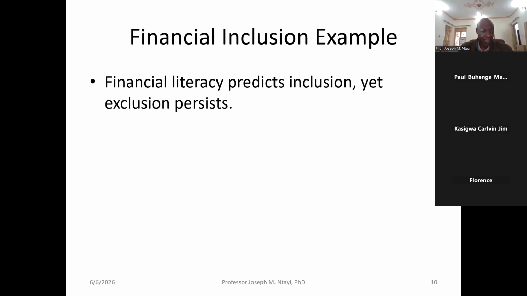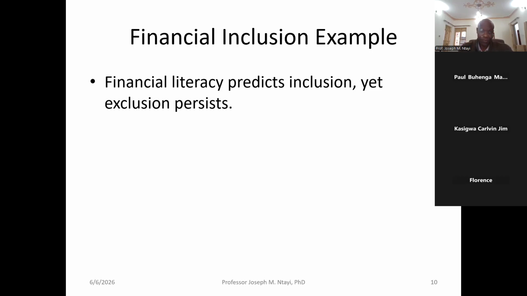Now, of course, if we take an example of financial literacy, or you can even take financial inclusion or capability theory, again, I'm going to use a hypothetical example. I have not reviewed literature in this regard, but you may discover that financial capability theory, and probably the human capital perspective, in one way or the other, suggest that financially literate individuals are more likely to access and use formal financial services.